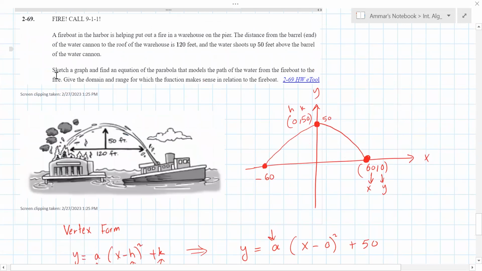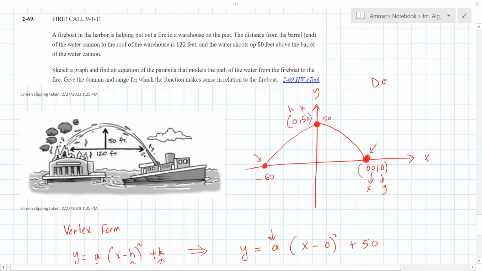So we have sketched the graph, yes, and we found an equation of the parabola that models the path. We did that. And we want to give the domain and the range for which the function makes sense in relation to the fireboat. So for this function, the barrel is here, the warehouse is here, so the domain is the values of x.